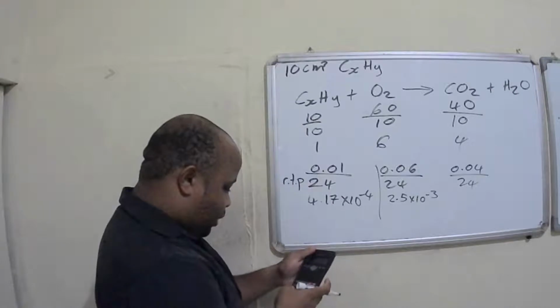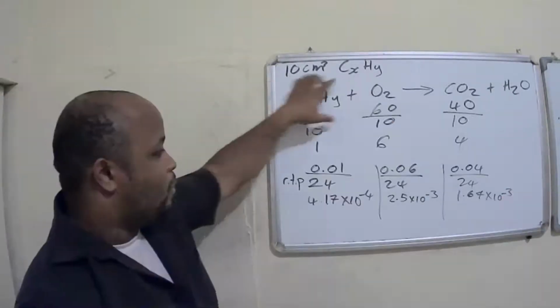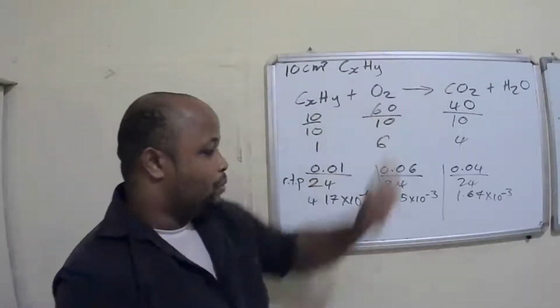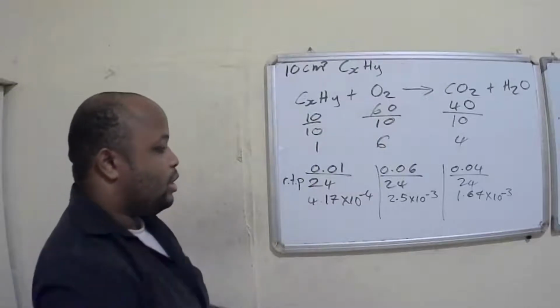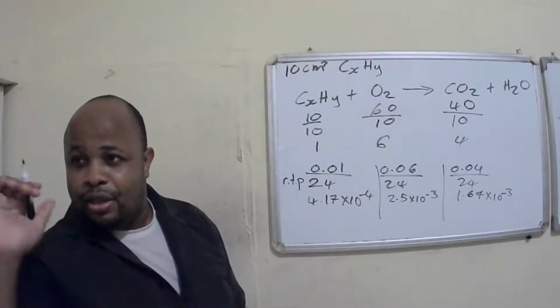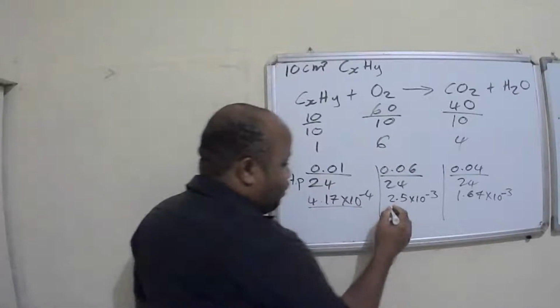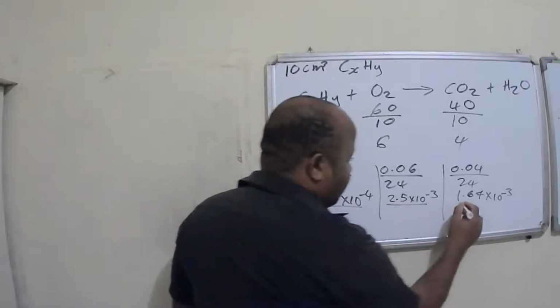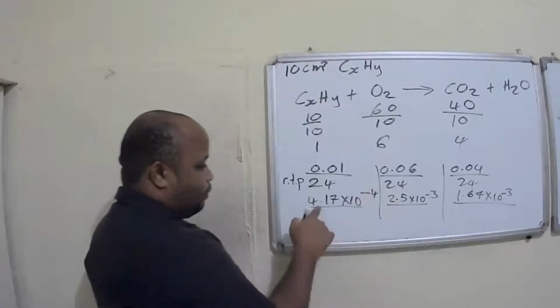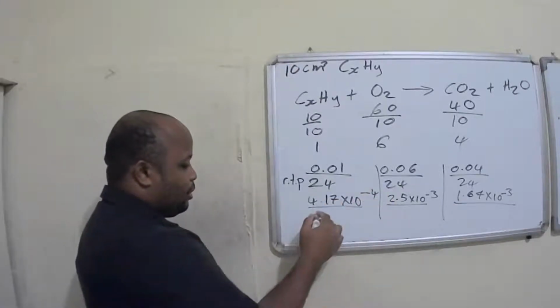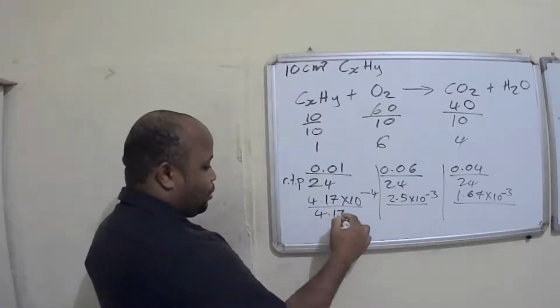And then 0.04 divided by 24 for the carbon dioxide, right? The hydrocarbon, the oxygen, and the CO2. Then, just like we did in the other question, we divide by the smallest number. In this case, it's 4.17 times 10 to the minus 4.